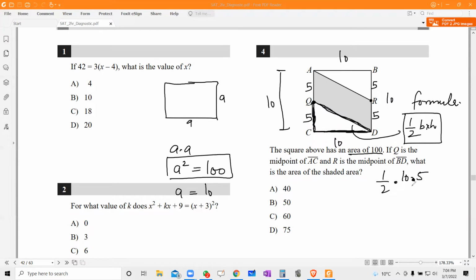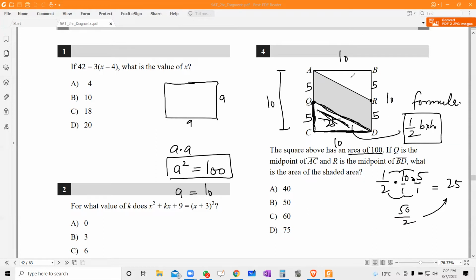So how much is half of 10 times 5? So how much is 10 times 5 actually? 50. 50 divided by 2. 25. 25, because half means you're dividing it by 2. It'll be 50 divided by 2, and that's 25. So the area of this triangle is 25.